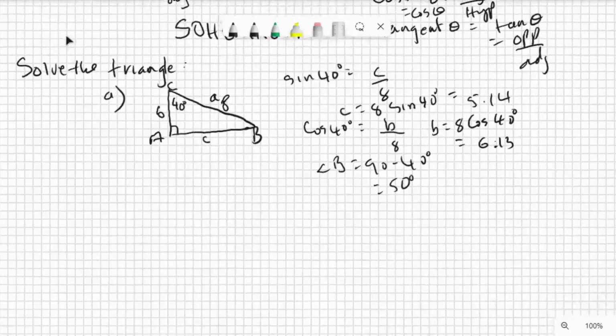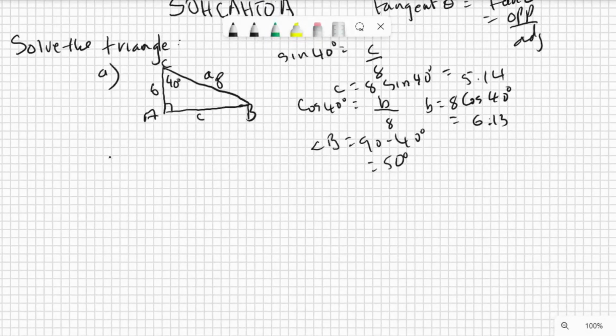So let's see another one. If I had this as 90 degrees, this is 2.8, this is 43 degrees, and this is side b, this is side a, this is angle C, this is angle A, and this is angle B. So 43 degrees, 2.8, and then b and a.